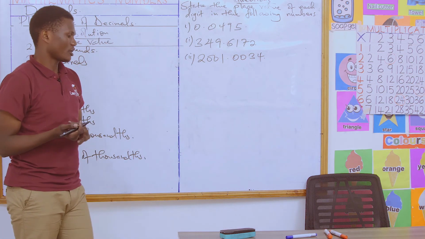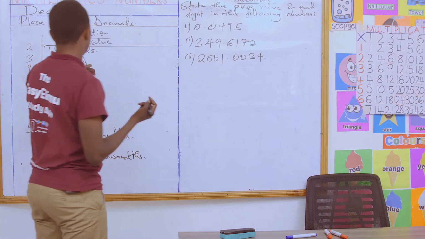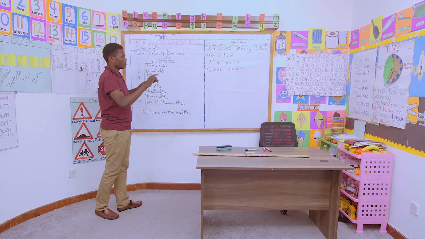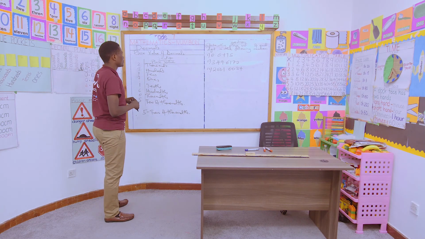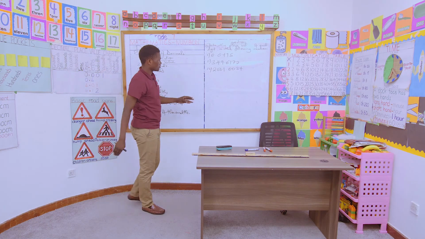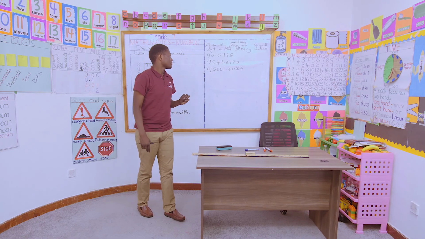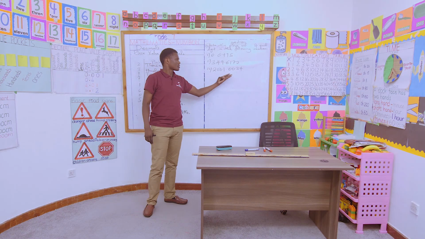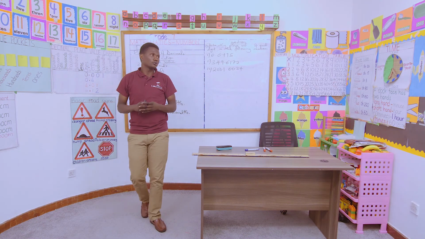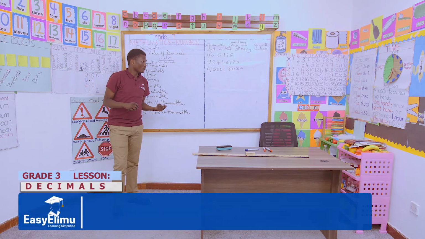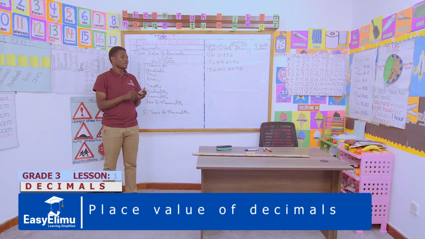So kindly, you can use this method. You can use the tabulated method, or you can equally use the vertical lines that are dropped from below a particular digit in a number. So add more questions to this for you to master the concept of place value of decimals.